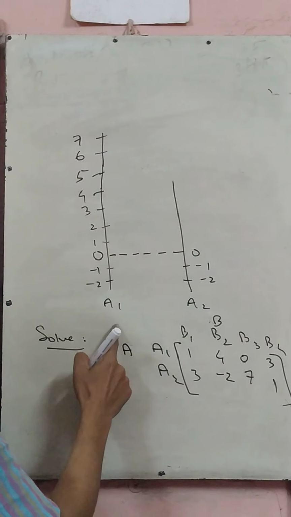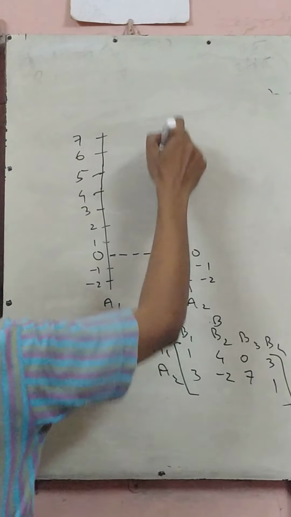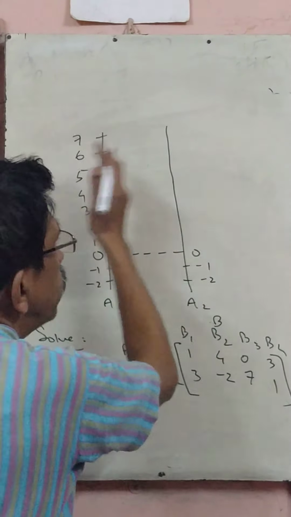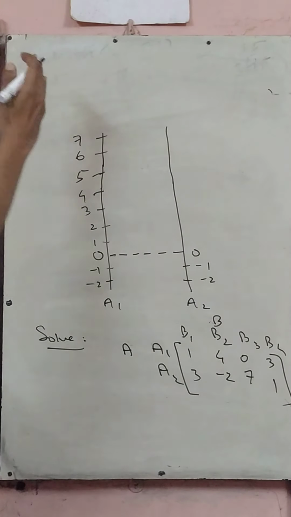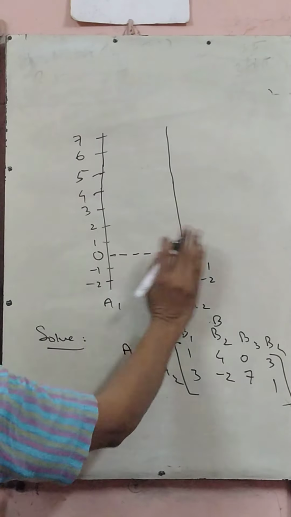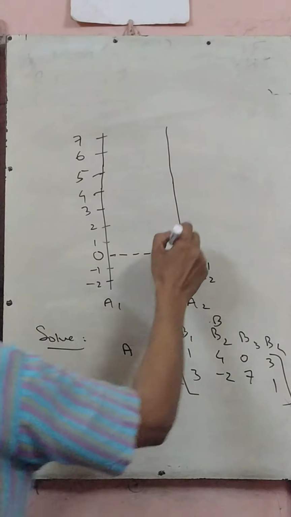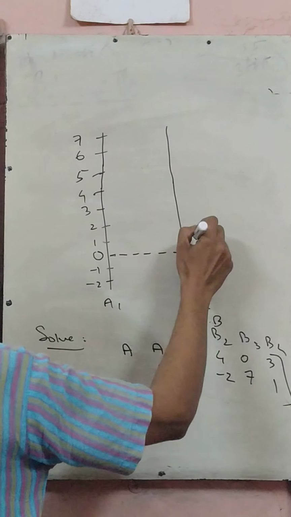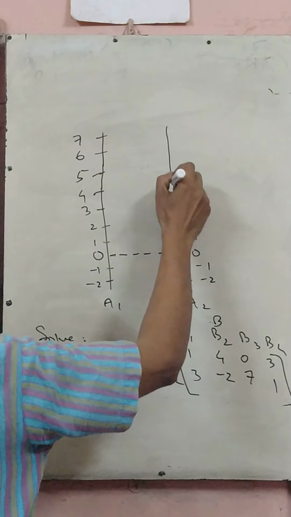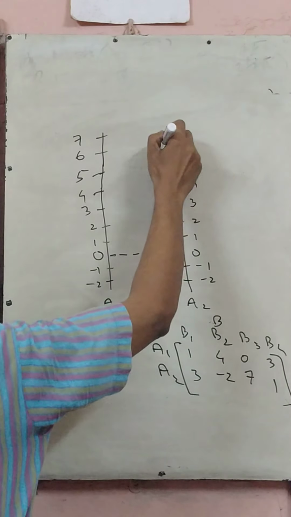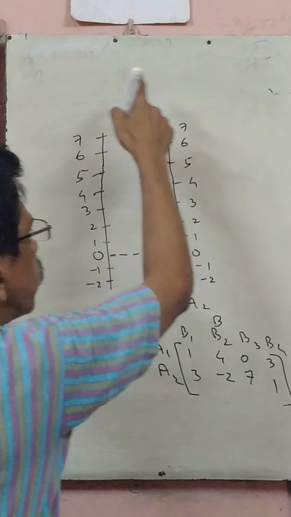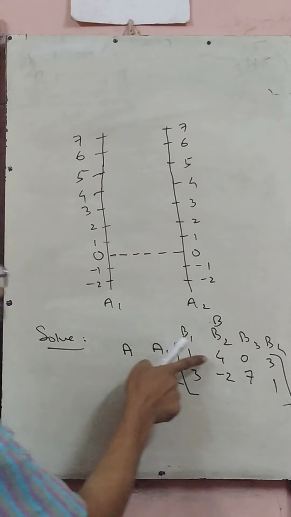Why am I drawing 7 in A1? Because both sides will be equally drawn. The graph A1 line and A2 line, this scale should be shown equally. This is 1, 2, 3, 4, 5, 6 and this is 7.